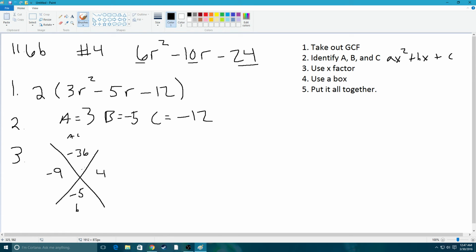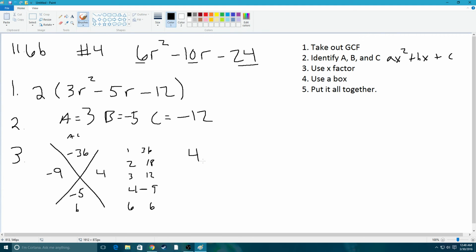If you have trouble getting these things out, just do all the factors of 36. 36 is 1 times 36, 2 times 18, 3 times 12, 4 times 9, 6 times 6. And I just found which one has a difference of 5, and that would be these guys. So give that a try.